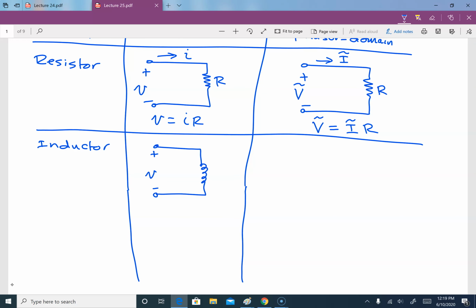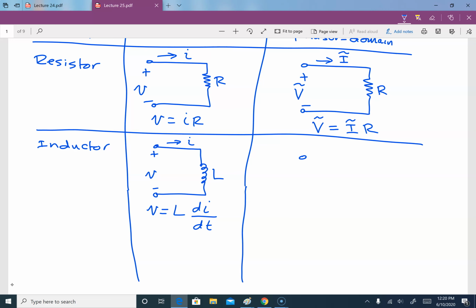So we will have our voltage V, our current I, that is the inductance, and the V across the inductor is equal to L di over dt. If you look at our time domain expressions, we represent our quantities in italic letters, and that is a standard when it is in time domain.